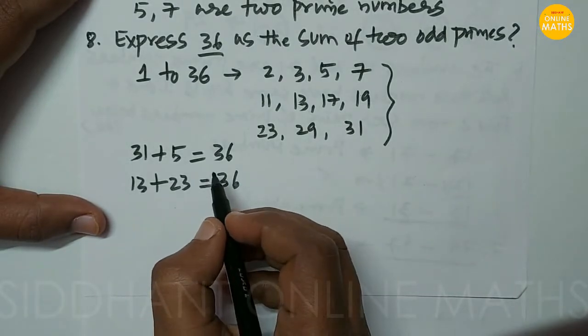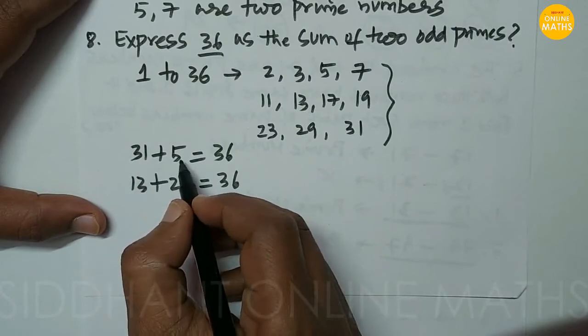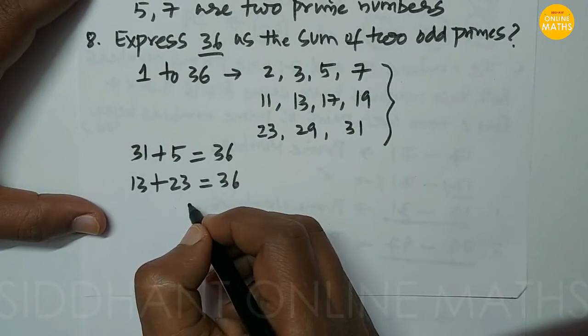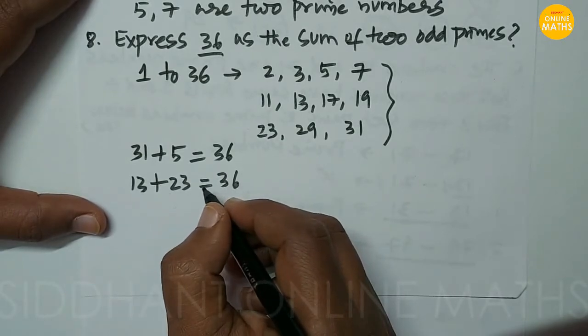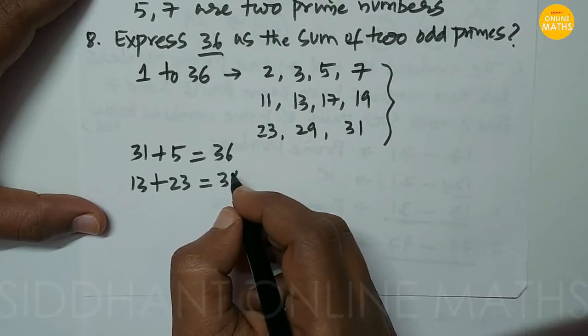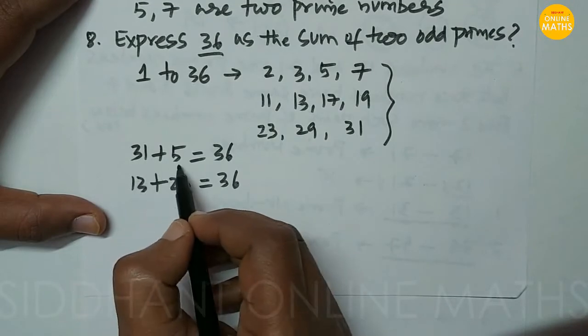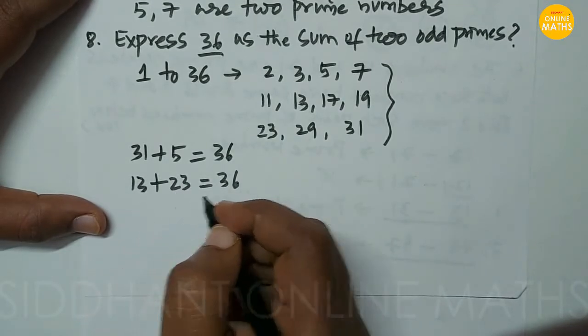These are the prime numbers: 31 is a prime number, 5 is a prime number, 13 is a prime number, 23 is a prime number. In this way we are going to take any two numbers. Here he told odd prime numbers. 31 is an odd number, 5 is an odd number, 13 is also an odd number, 23 is also an odd number.